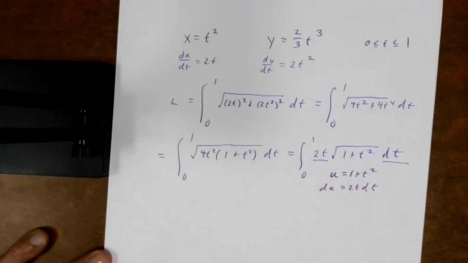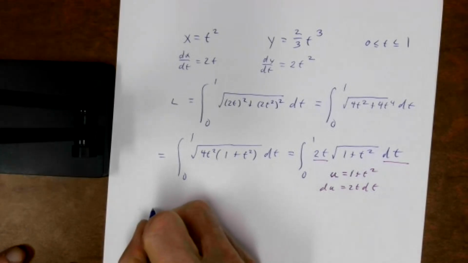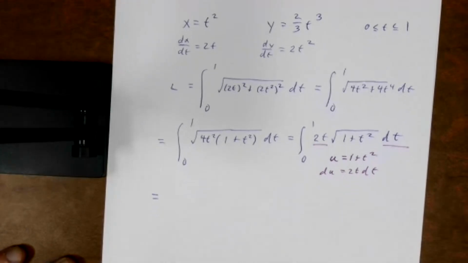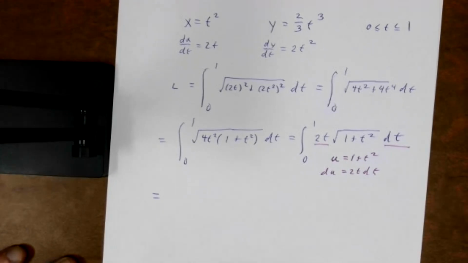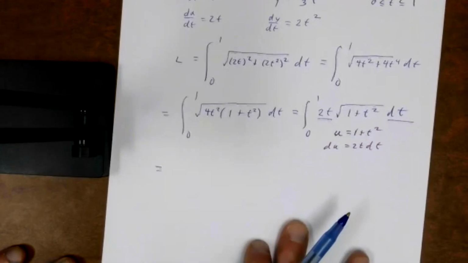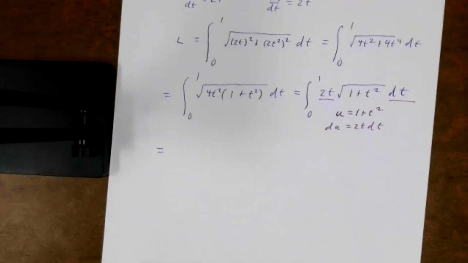Because now we can perform u substitution. Hopefully at this point you have the two derivatives. I just need more space.